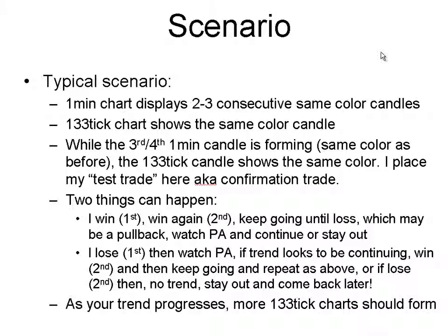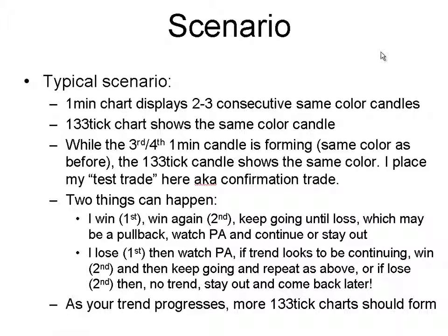So here's the typical scenario I'm generally looking for if I'm using this strategy: 2 to 3 consecutive same color candles on the 1 minute chart, and the 133 tick chart showing the same color candle. The 2 to 3 is up to you. If you're aggressive, you can just trade the first one, but you need like 2 to 3 to determine the trend, and then if it's actually forming a trend, you know, it's up to you.